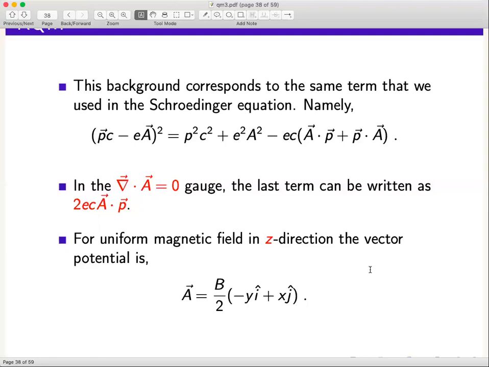Klein-Gordon had psi star del t psi minus del t psi star psi, and that was a problem in interpretation. But the Dirac equation doesn't have that. It's first order in time derivative, and therefore the charge density in the continuity equation is just psi bar psi. So straightforward probabilistic interpretation.